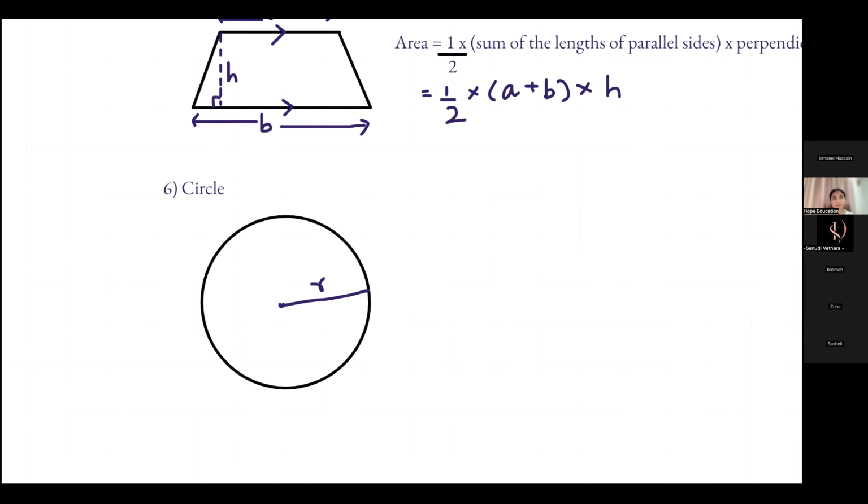Pi r squared. Pi into radius squared. So these are things that you already know, but we did a small revision.